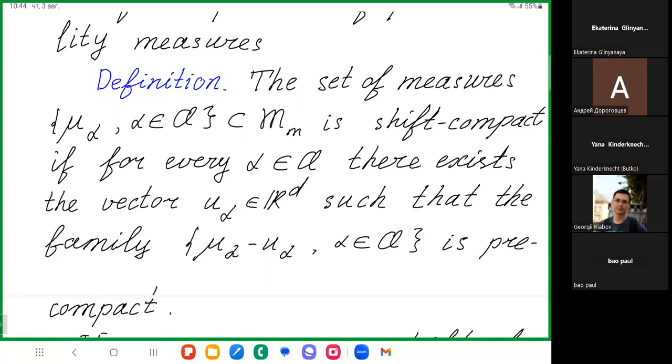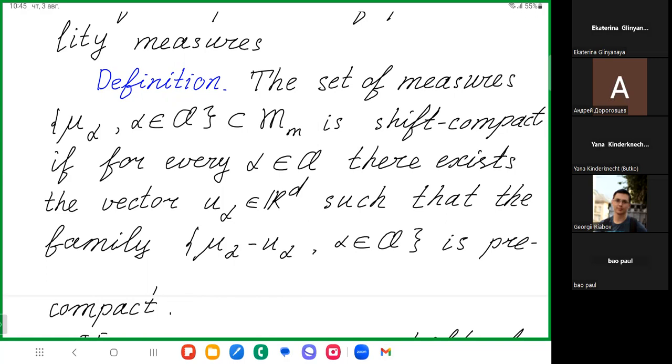We consider the family of measures. These measures can be shifted along the space, but we can move every measure in such a way that the new family will be compact.